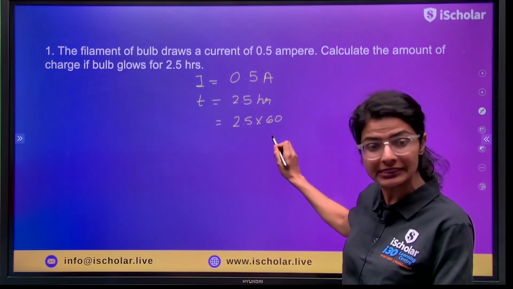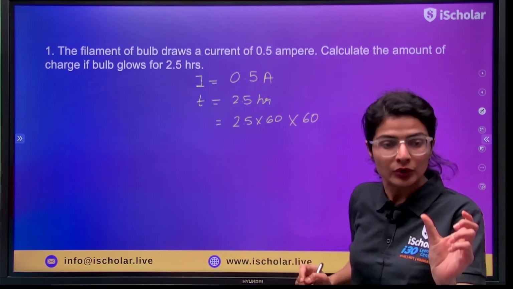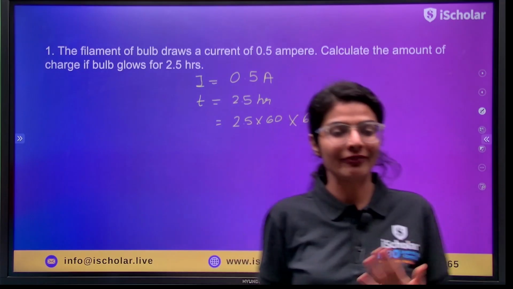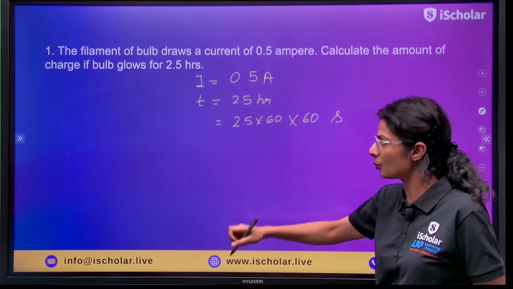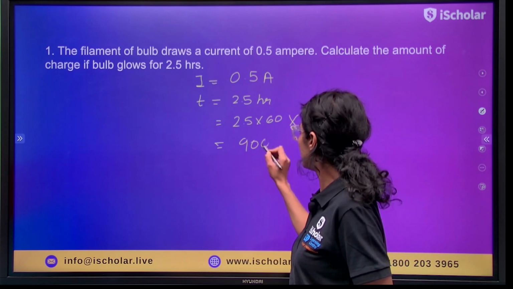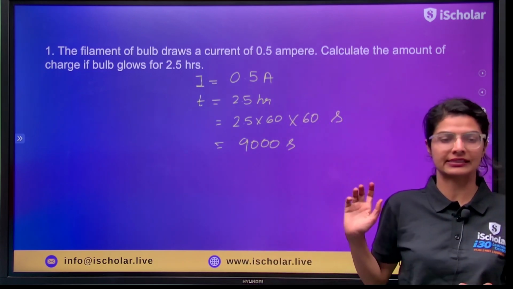Now converting this into seconds, again multiplying by 60, this will give us the value in seconds. So now when we multiply 60 into 60 into 2.5, that is 36 into 2.5, that would be roughly 9,000 seconds. So yes, when you multiply this, you will get the result.